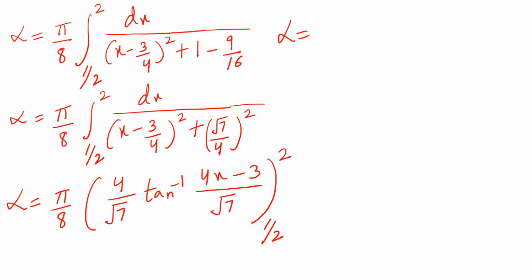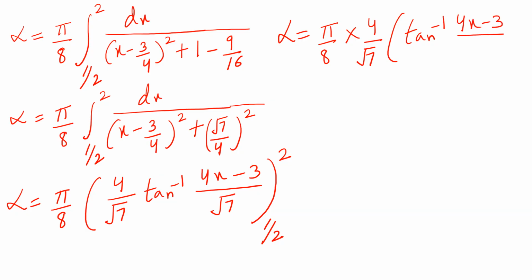Now alpha becomes equal to pi upon 8 into, now 4 upon root 7 you can take out common, into, inside the bracket tan inverse of 4x minus 3 whole divided upon root 7, and this value is under the limits 1 upon 2 to 2.